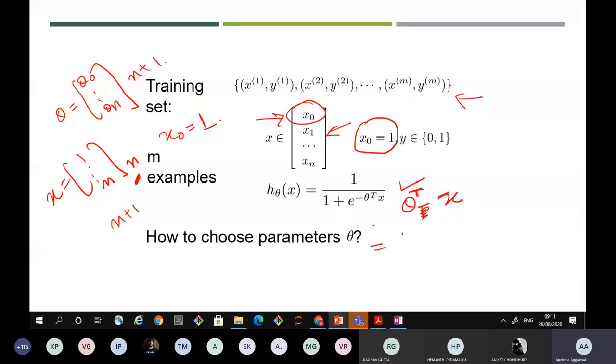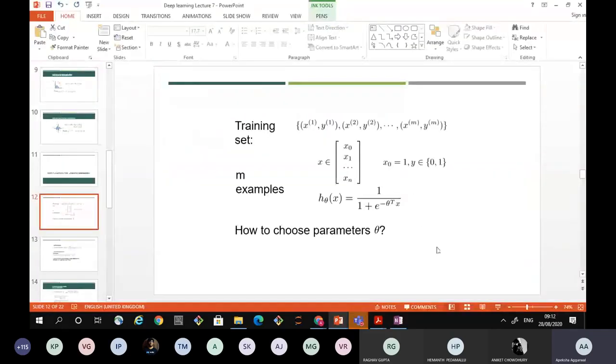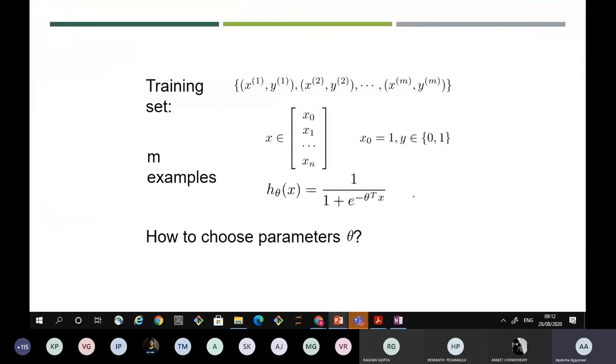If I do the transpose, it becomes theta naught to theta n, and then I can multiply with x, which is x naught, I have put it to 1, and x1 up to xn, the features that I have.